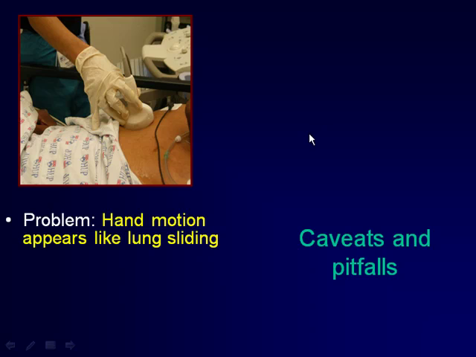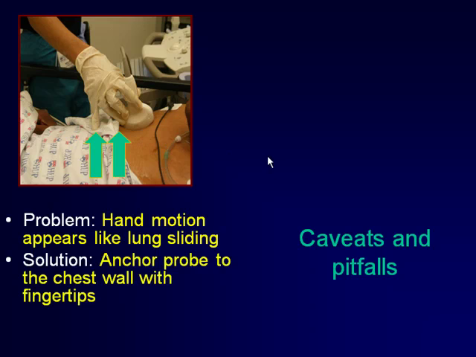In terms of technique, a really important skill when starting out and as one is performing this exam is really steady anchoring of the hand on the skin. And what that requires is that the fingers, oftentimes 2 or 3 fingers, are slid down here along the edge of the probe and held in contact with the skin.